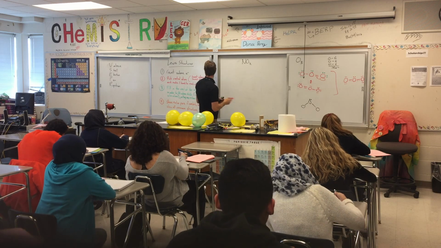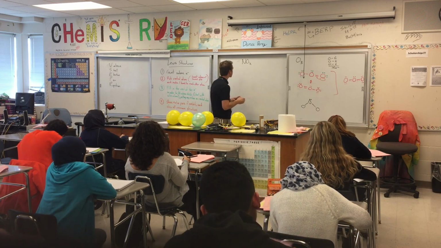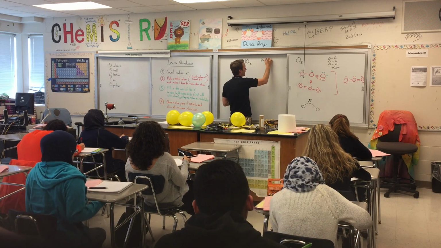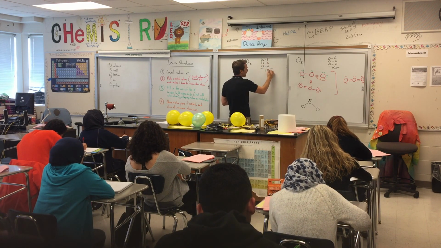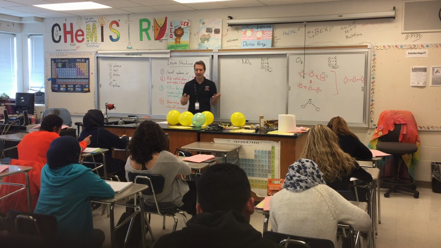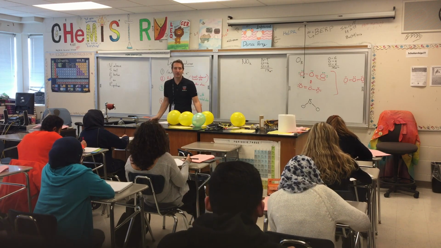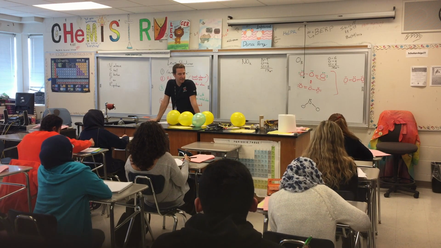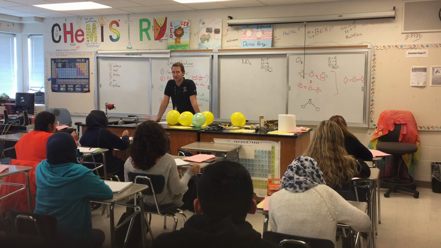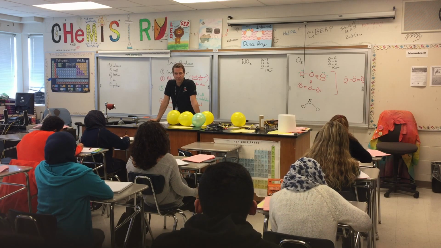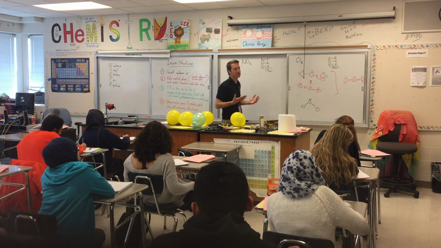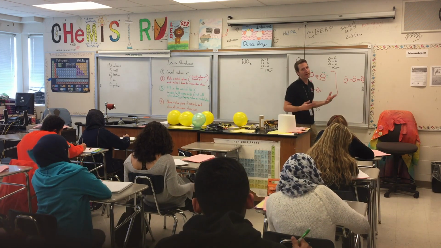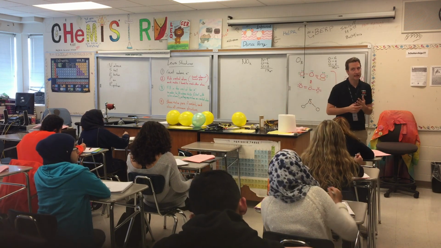When I add them up, nitrogen has 5, oxygen 6, so I'm at 12, I'm at 17 electrons. How the heck am I going to get 3 atoms to all achieve their octet with 17 electrons? There's no way I could do it, right? So there are cases where we can't really draw a great Lewis structure because we don't have enough electrons to give everybody 8.